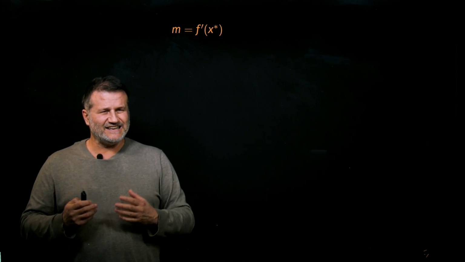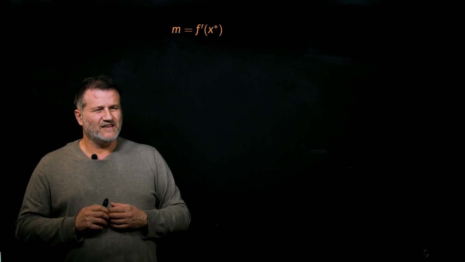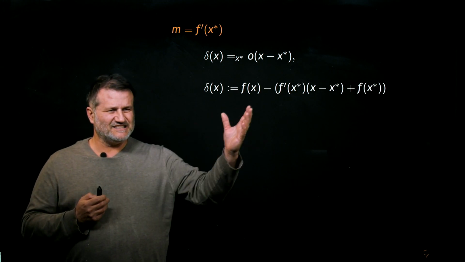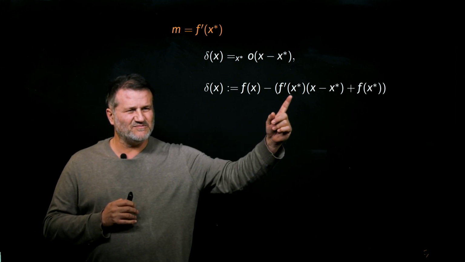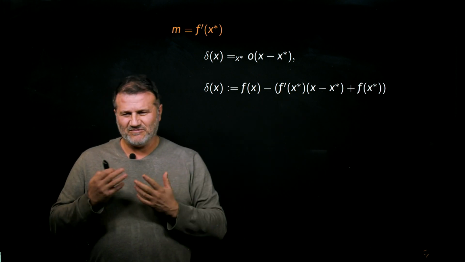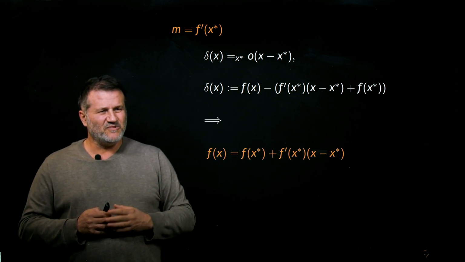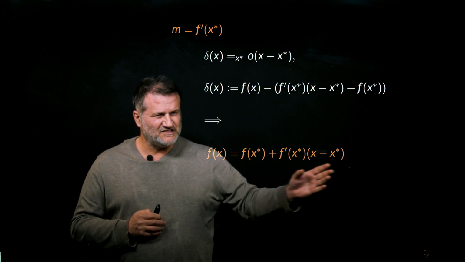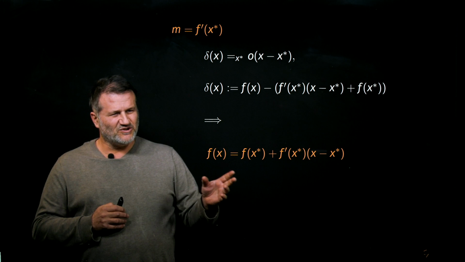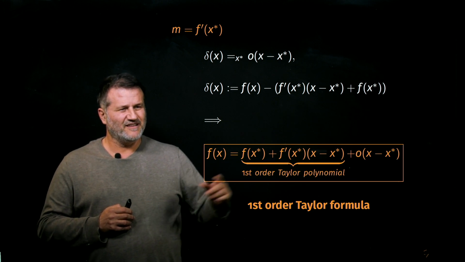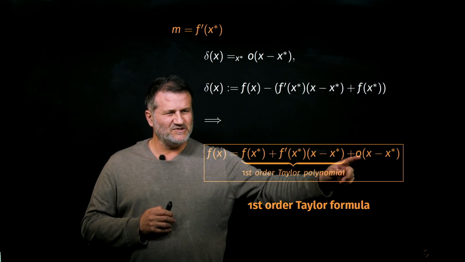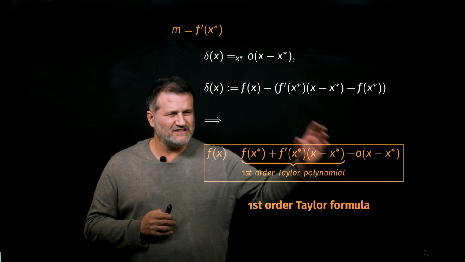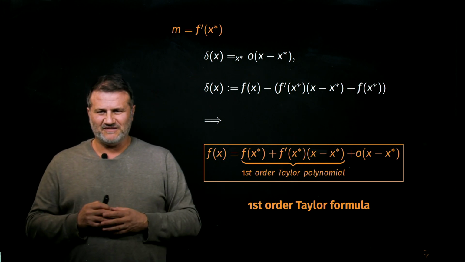This has also another nice interpretation. If we remember that delta x is little o of x minus x star, and this is the definition of delta x for the case when the angular coefficient is that of the tangent, then we can see that the function must be equal to a first degree polynomial, which is called the Taylor polynomial, plus a little correction, which is little o of this term, and so can be considered negligible with respect to the polynomial.